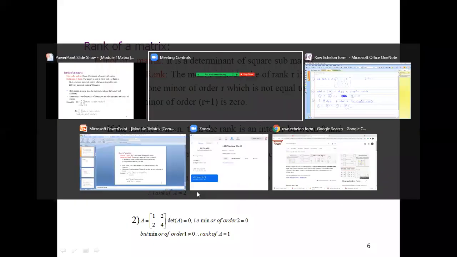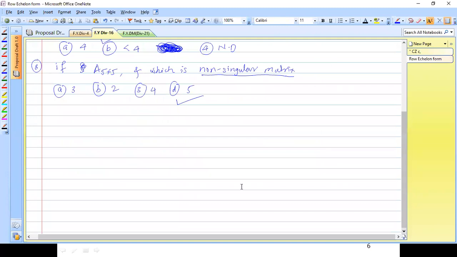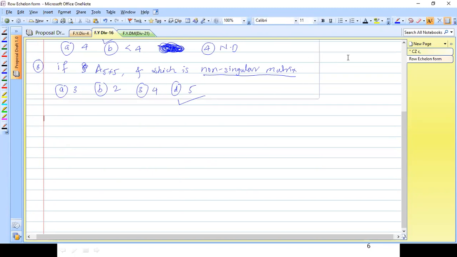Please write down these questions with me, so that you will have some frame of reference for the midterm, interim examination, about which kind of questions we are going to ask. Write down the next, number 4.